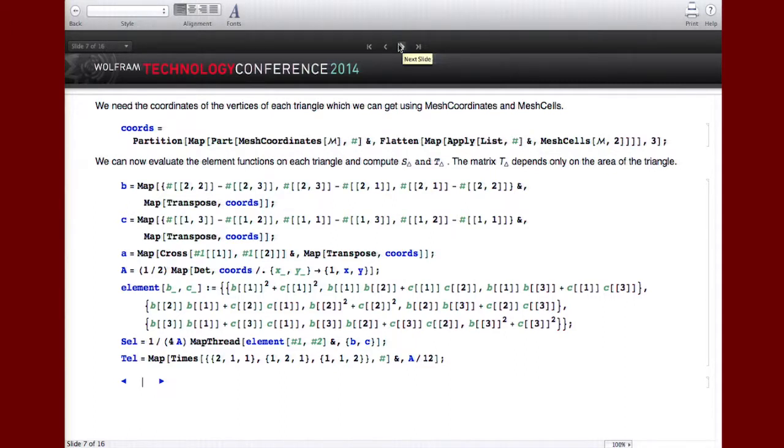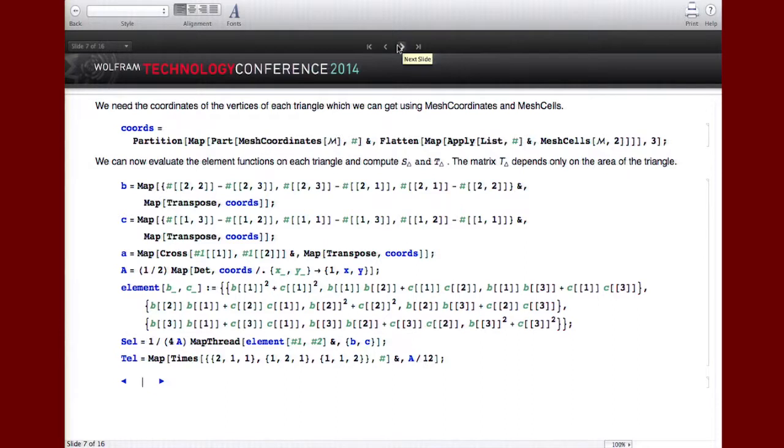So this SEL here is the element matrix for each triangle, and TEL is also the element matrix for each triangle. And this actually depends only on the area of the triangle. So our triangle areas are computed here. It's just a long list.